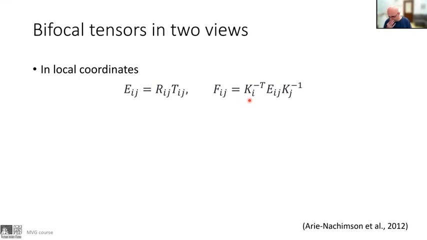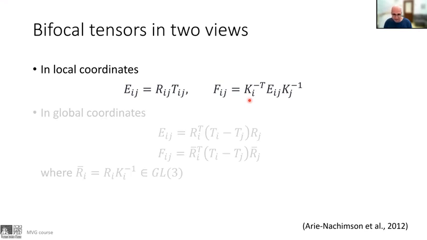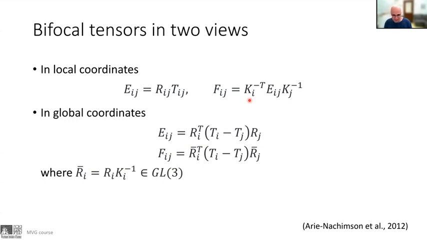That's what we learned in Introduction to Computer Vision and here. Okay, but can we relate the essential and fundamental matrices to a global coordinate system? We actually saw something in the last class, but that was quite complicated to use. Here is another expression that is simpler and will be very useful.